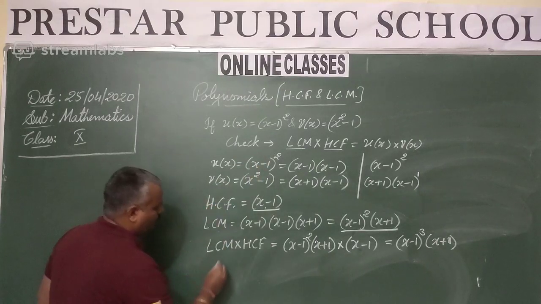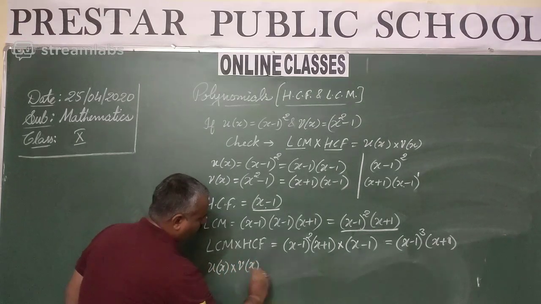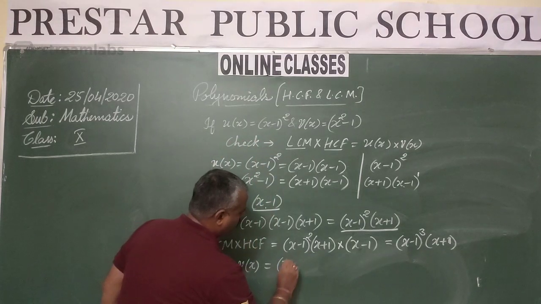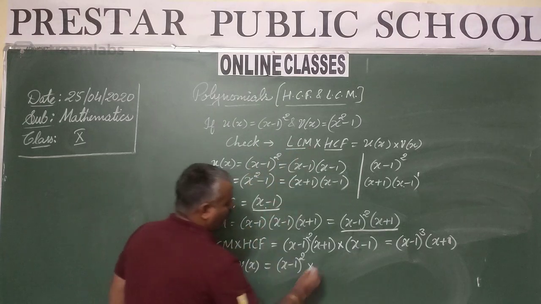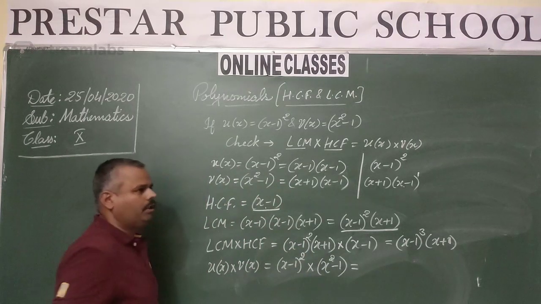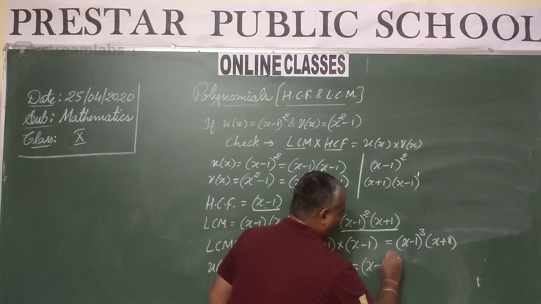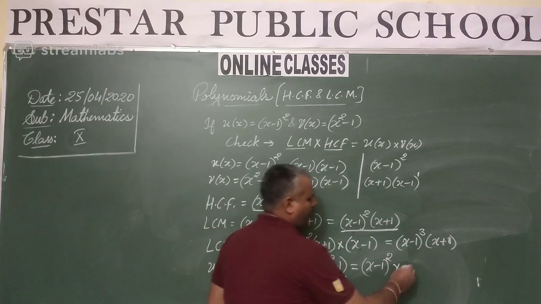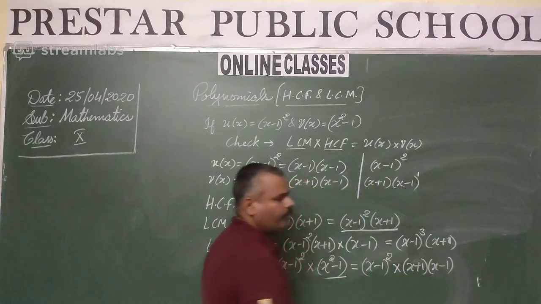Now let us check the product of U of x and V of x, the two polynomials which are given. So the first polynomial given to us is x minus 1 whole squared, and the second polynomial given to us is x squared minus 1. So here x minus 1 whole squared will be kept as it is, whereas x squared minus 1 we can factorize, and it can be written as x plus 1 multiply x minus 1.